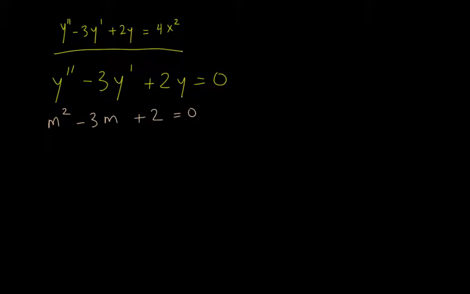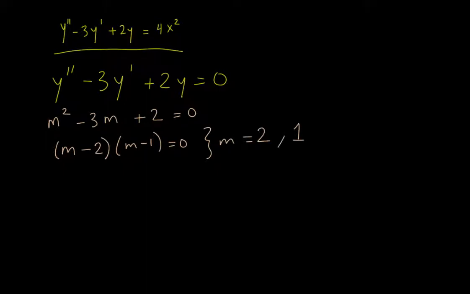Then simplify by factoring it: m minus 2 times m minus 1 equals 0. So we know our m's are equal to 2 and 1.